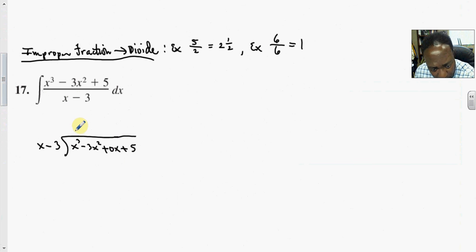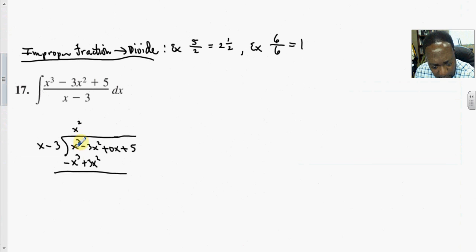But anyway, x goes into x cubed x squared times. x squared times x is x third, minus x squared times minus 3 is negative 3 x squared. We draw a line, subtract, it becomes negative, becomes positive.